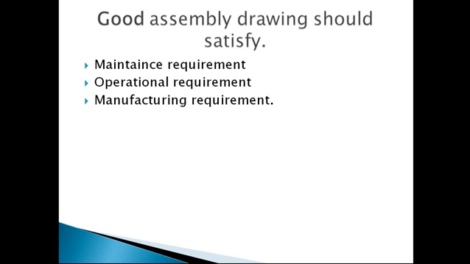It means that at the time of making the assembly drawing, we require to take care of this. If we take proper care here, then when a component is worn out or faulty, we only need to replace that one component easily, and we must be able to identify it easily.